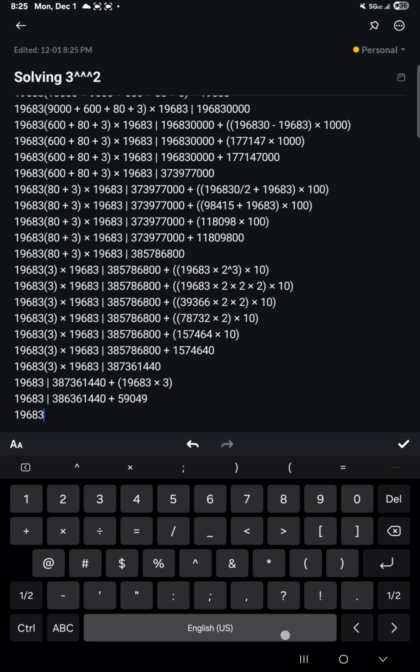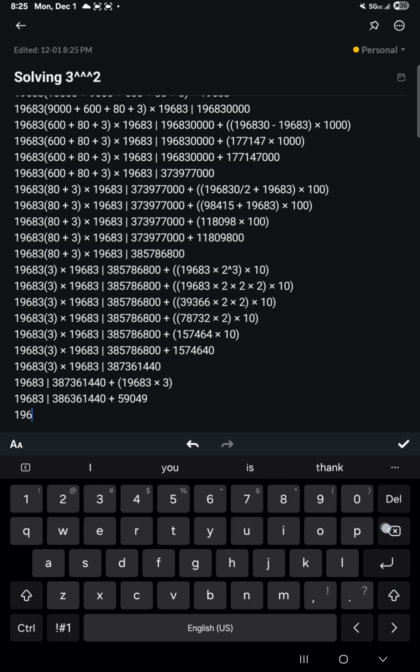So let's sum these up. Well, actually, we're going to drag this 19,683 to the right. 6, 6, 1, 4, 0. So 4 plus, so 89. This one just becomes 70.